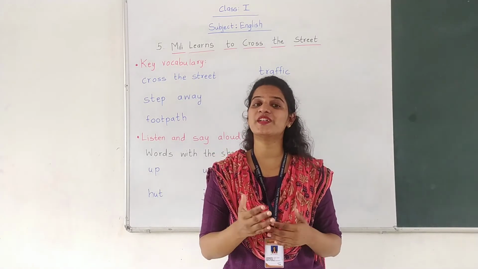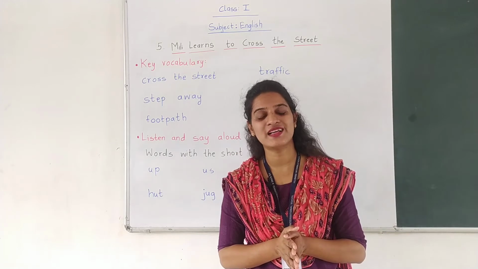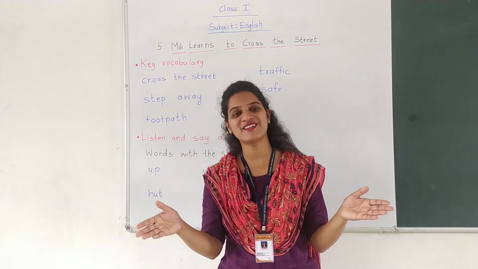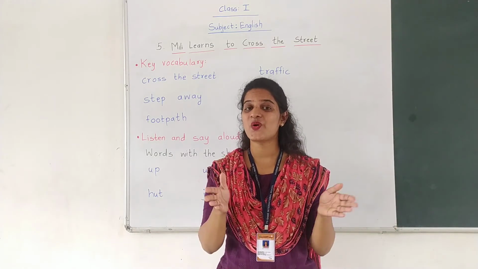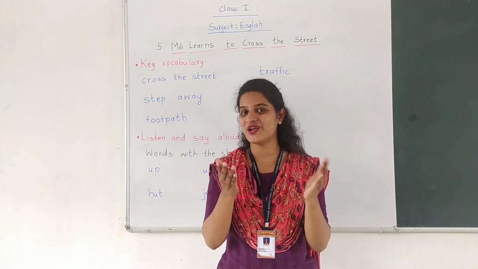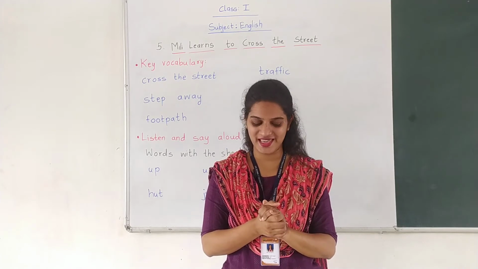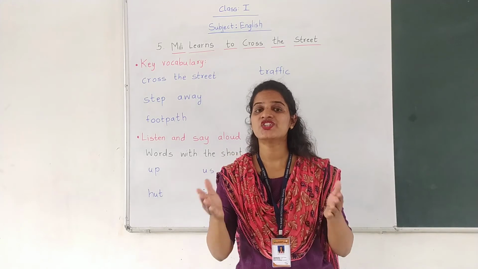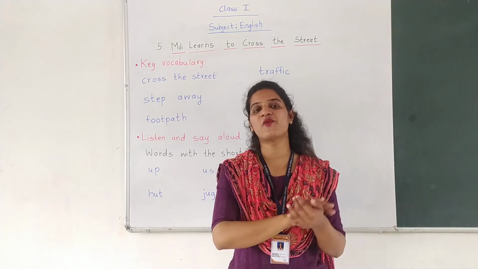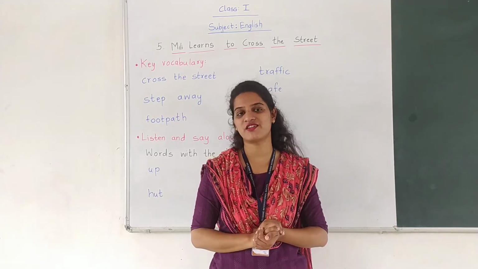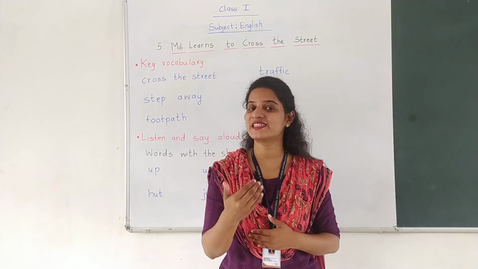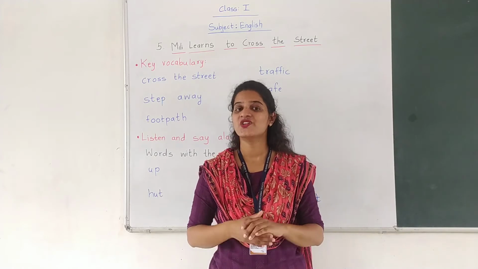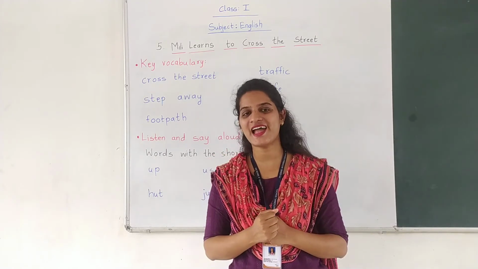Now, with whom did Mili walk to school? Yes. Did she walk with her father or did she walk with her mother? Mili walked to school with her. You have to answer it. Okay. Next question. What did Mili say she will do before crossing the street? Now, what things has Mili said before crossing the street? We have studied it, right? So, you have to say that.